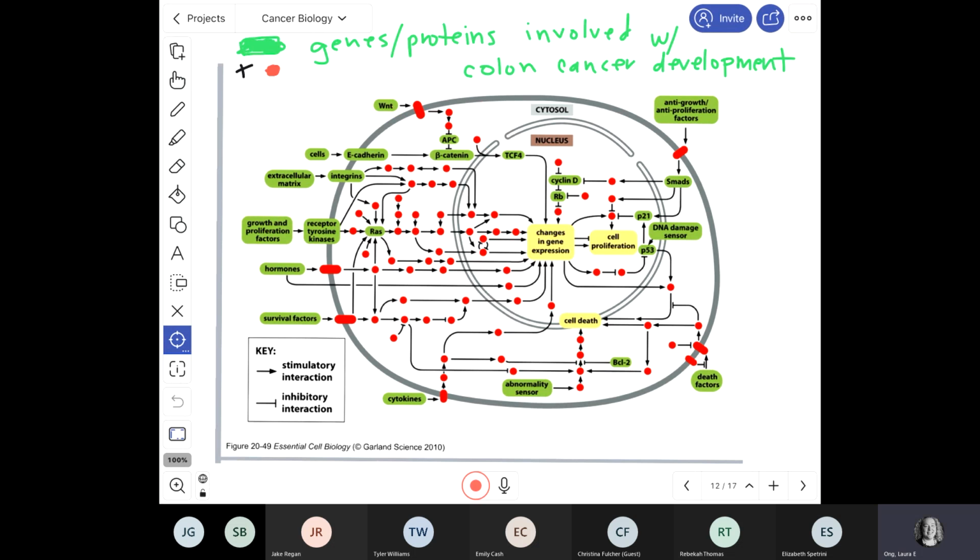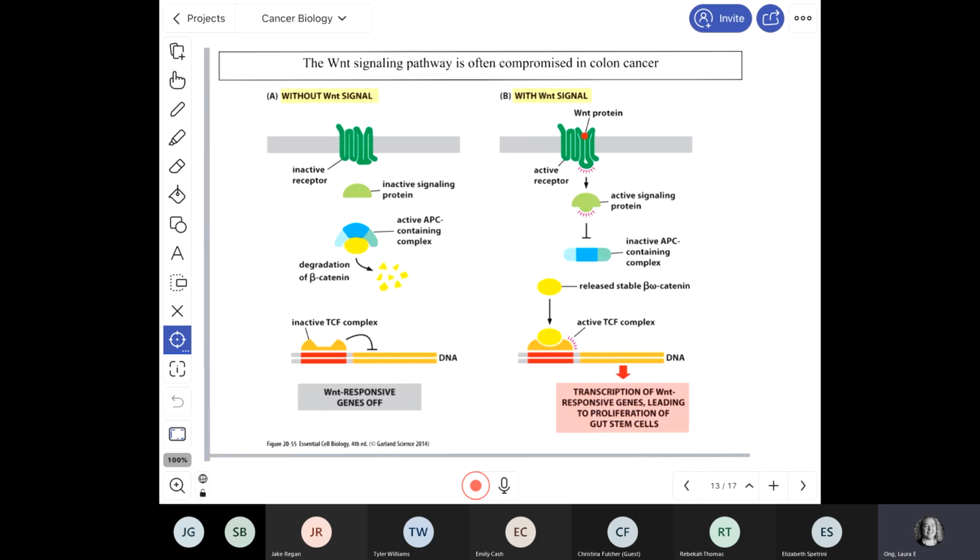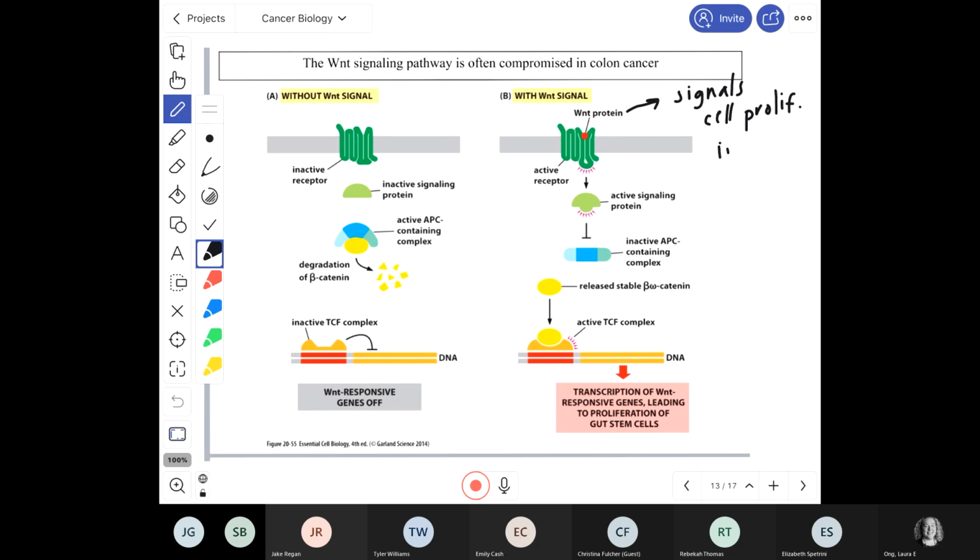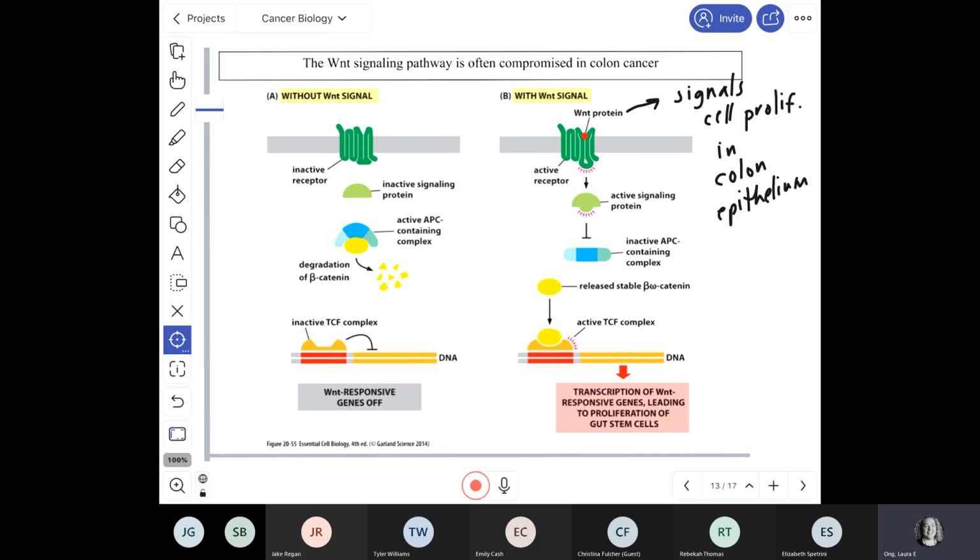So Wnt, remember, is a particular protein that signals for cell proliferation in colon epithelium. It's an extracellular growth factor, basically. Or it's actually a mitogen. Wnt would be a mitogen that's an extracellular signal that leads to proliferation of gut stem cells and division of the colon epithelium.